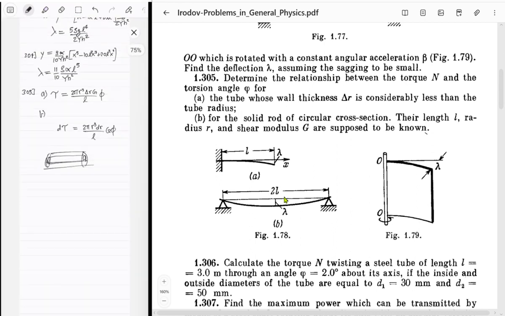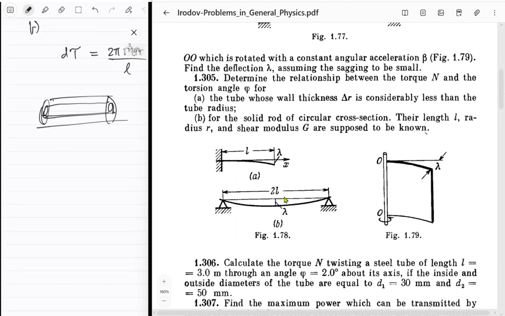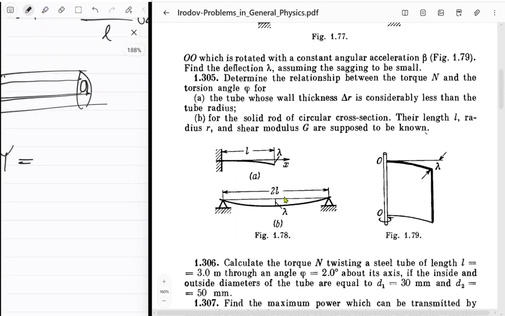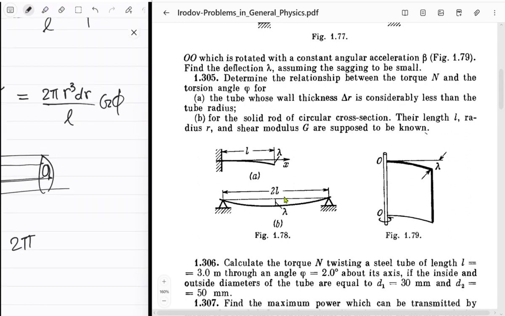Okay, awesome. So now I just want to integrate this thing from r equal to 0 to capital R. So tau is just equal to, I really hope I'm going correct. Yeah, let's just hope I'm going correct.